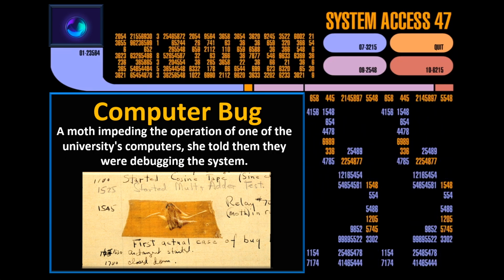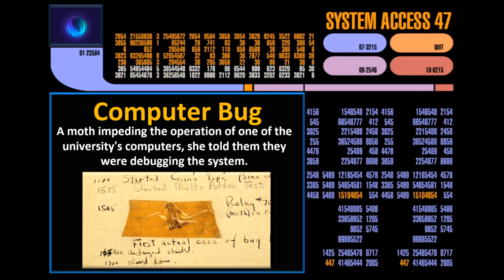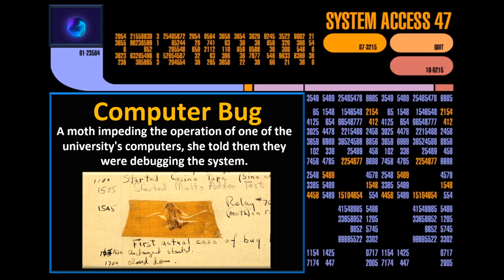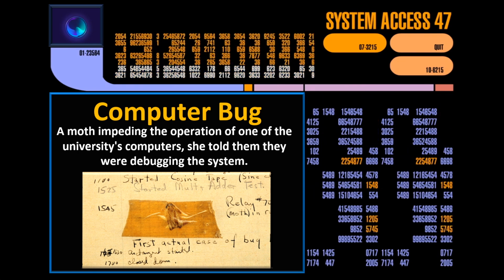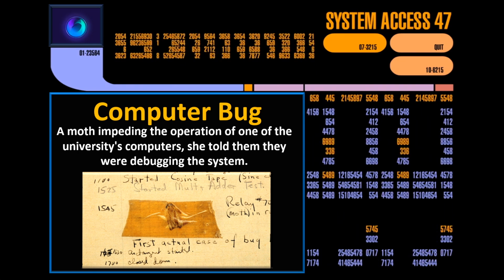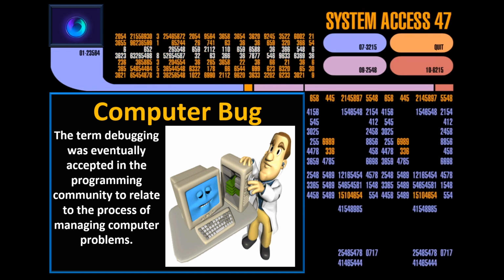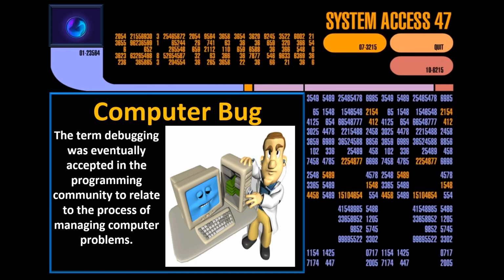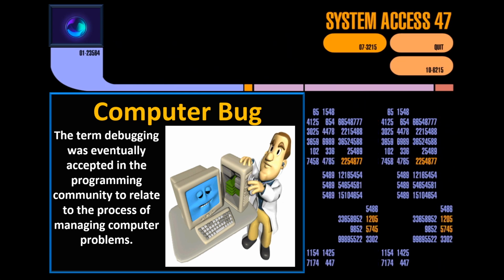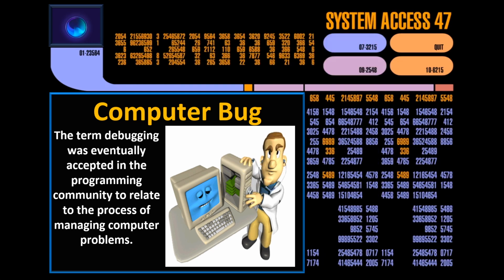When one of her colleagues found a moth impeding the operation of one of the university's computers, she told them they were debugging the system. The term debugging was eventually accepted in the programming community to relate to the process of managing computer problems.